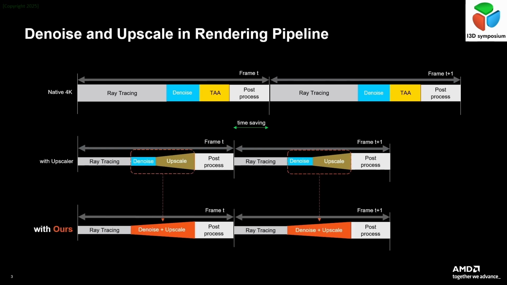And with our technique, we combine the denoiser and upscaler using a single neural network model. Then we have the advantage of sharing the trainable parameters from the neural network model, and we save that in the feature space. That gives us efficient filtering weight prediction for these two problems.